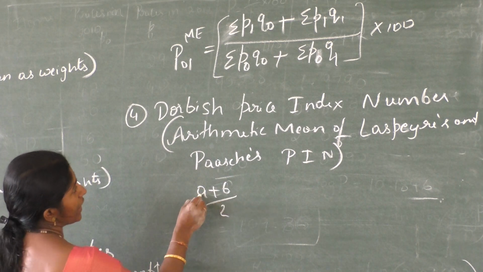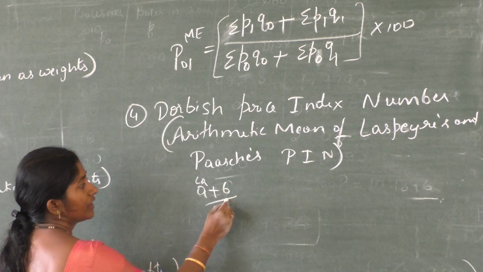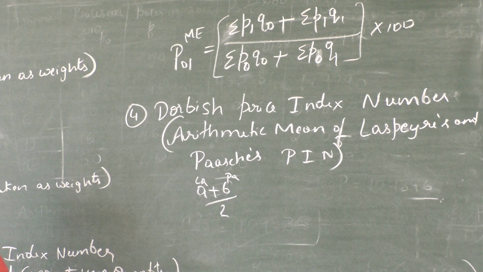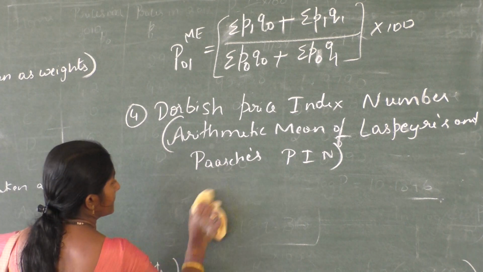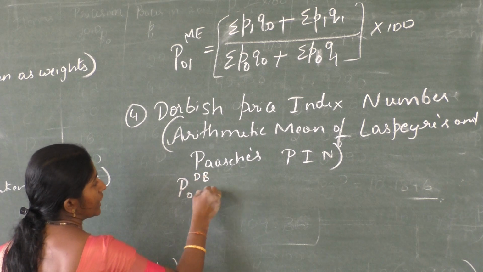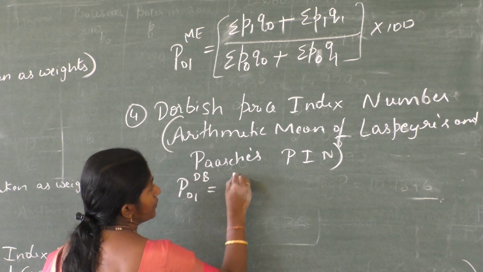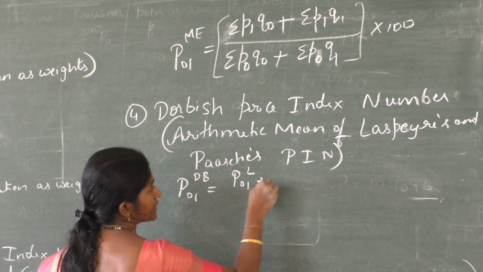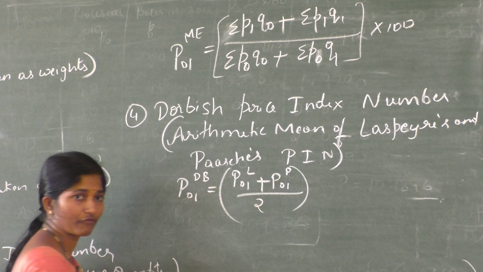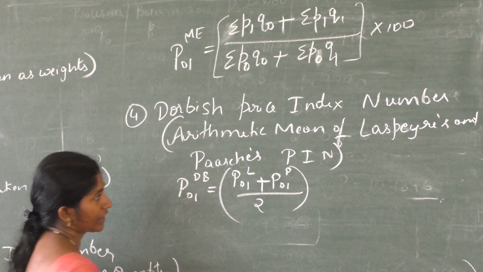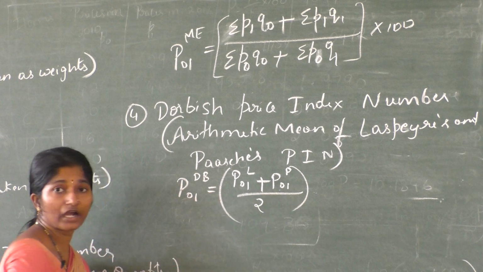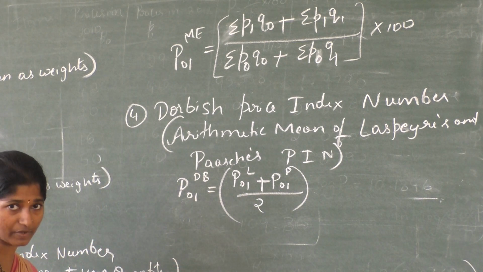Here A is the Laspeyres, B is the Paasche, divided by 2. P01 of Dorbish-Bowley equals P01 of Laspeyres plus P01 of Paasche divided by 2. I am not writing into 100 because it is already multiplied by 100. That is the answer of Laspeyres and Paasche.